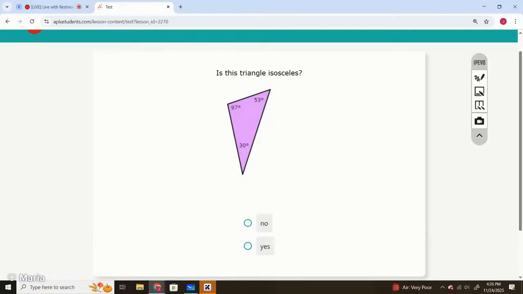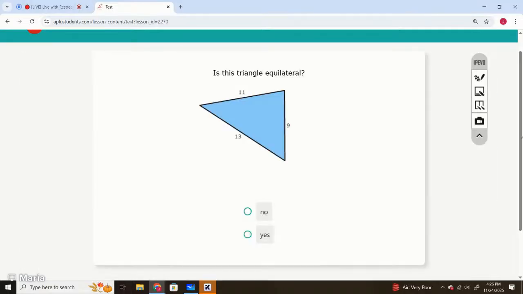Is this triangle isosceles? No, that is not the isosceles triangle. Is this triangle equilateral?